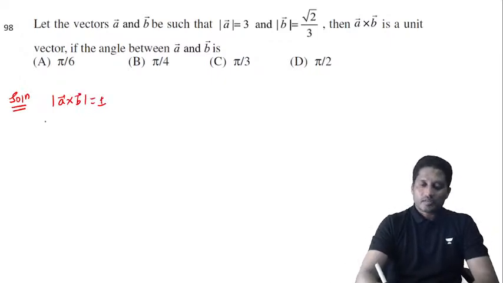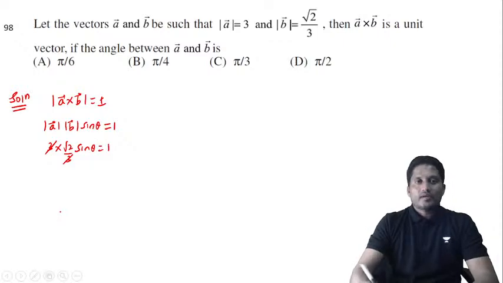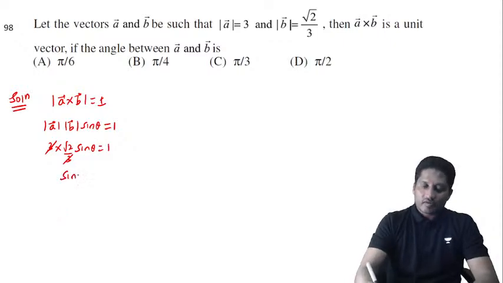Now mod of a cross b is mod a into mod b into sine theta is equal to 1. Okay, modulus of a is equal to 3. Modulus of b is root 2 by 3 into sine theta is equal to 1. This will cancel. And from this I can write sine theta is equal to 1 by root 2.